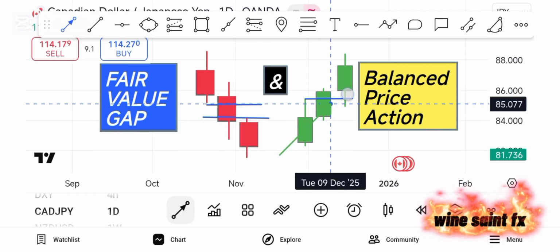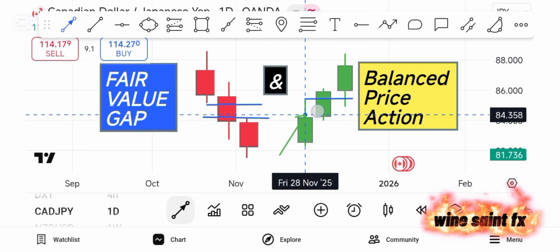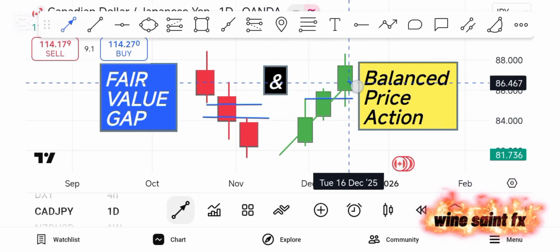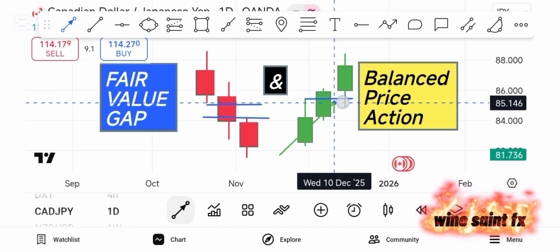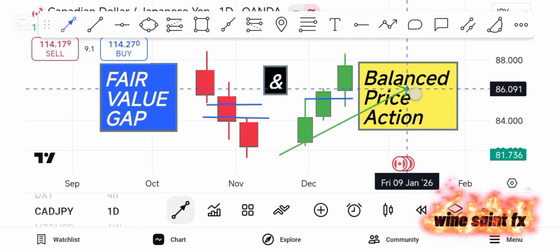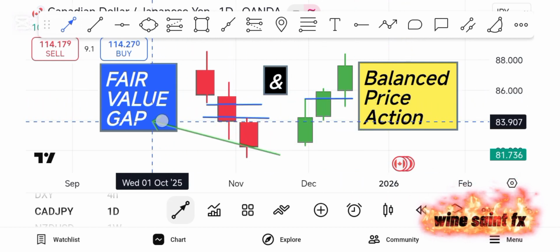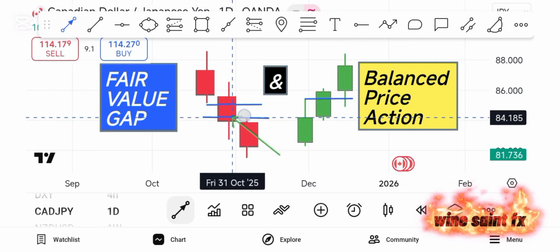But when you are going up, you will look at the first candlestick shadow, the top one, and the third candlestick lower shadow. If they meet at some point, we call it balanced price action. If they don't meet, we call it fair value gap. I hope we understand each other.